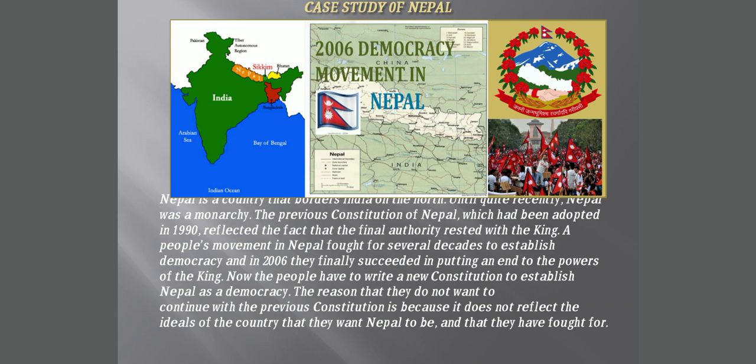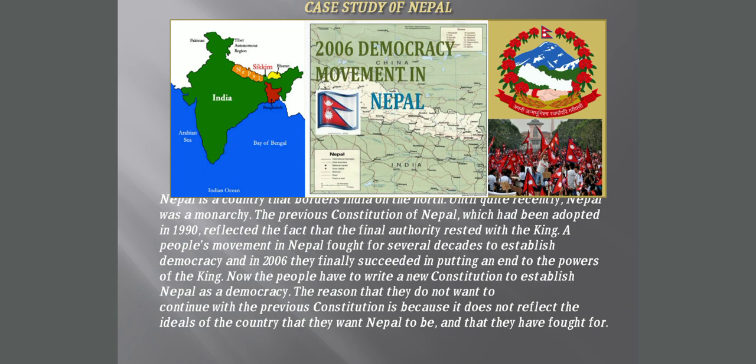These are different pictures of the geographical area. In the map of India, Nepal has been shaded. This is the 2006 democracy movement in Nepal. This is the flag they have for their party.